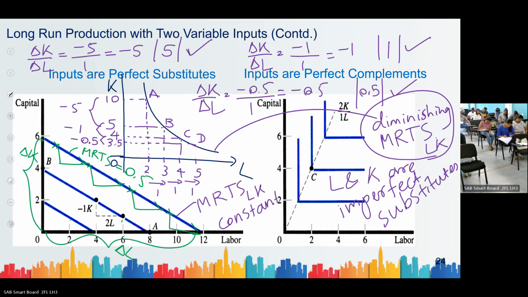How much of one input should be sacrificed for an increase in the other input by 1 unit while maintaining the same level of output.